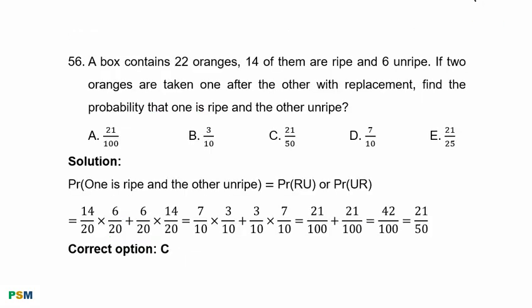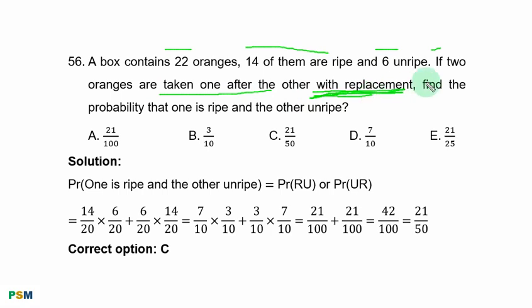Question 56. A bus contains 22 oranges. 14 of them are ripe and 6 unripe. If 2 oranges are taken one after the other with replacement, in this condition, the total is not affected.